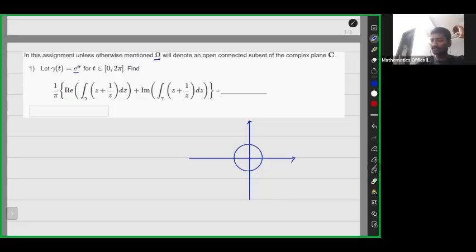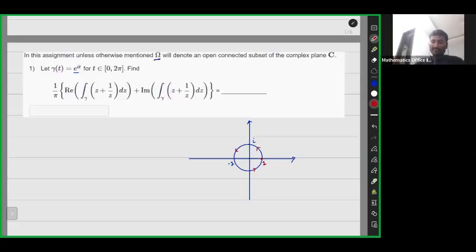This is the unit circle. This is not well drawn, but you understand that. The curve is starting at 1 and ending at 1, right?